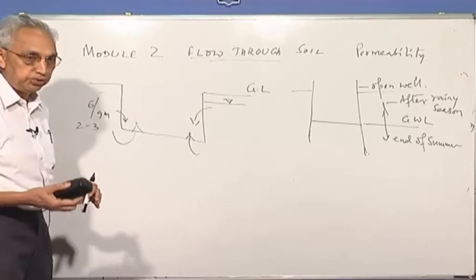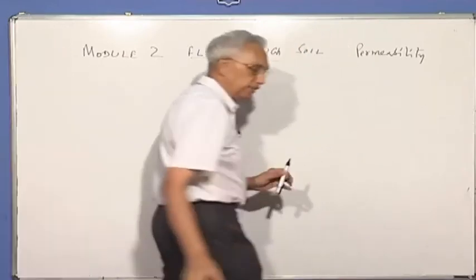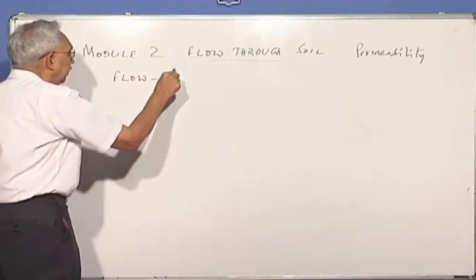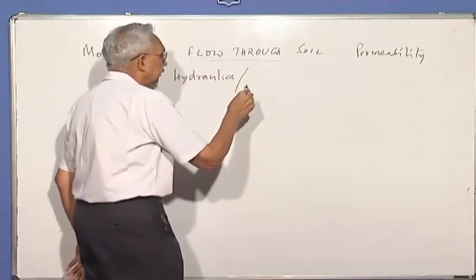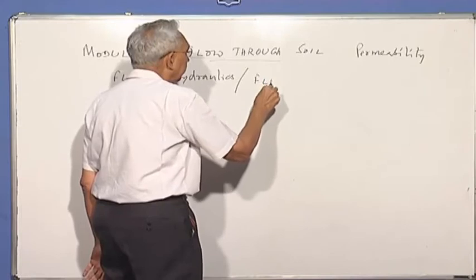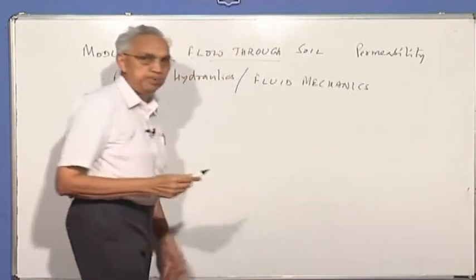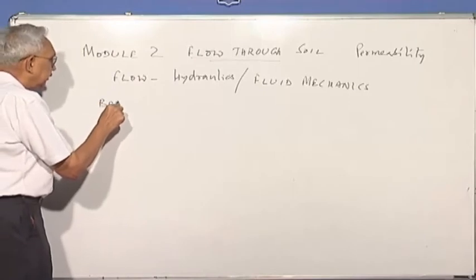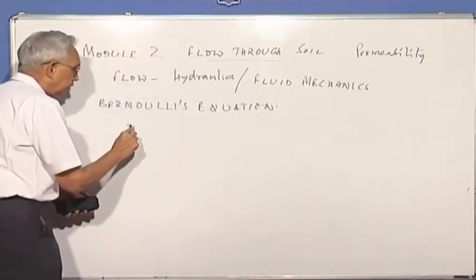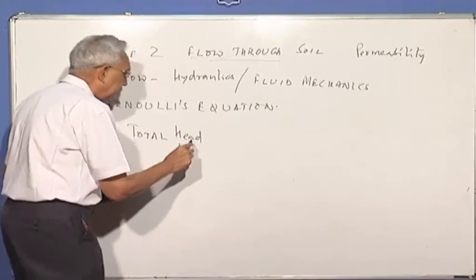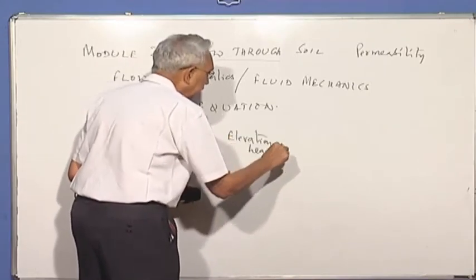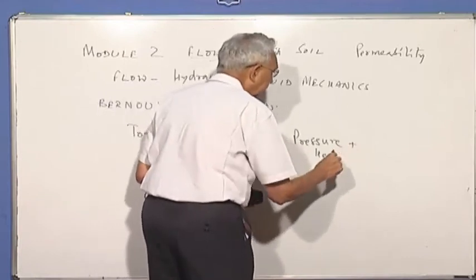So flow has a lot of applications in civil engineering, and we study it in order to take care of the ensuing problems. To study flow, you probably studied in hydraulics or the course on fluid mechanics one of the first basic principles, called the Bernoulli equation, which says that the total head, H, is equal to the elevation head plus the pressure head plus the velocity head.